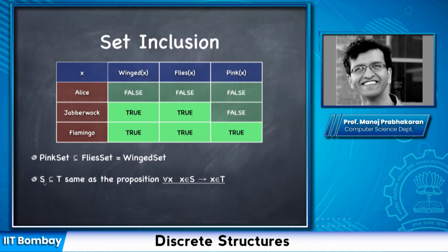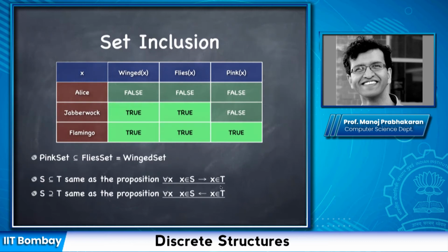So we could define set inclusion, in fact, as this proposition. When I say S is contained in T, it's merely asserting that for every X, if X is in S, then X is in T. And similarly, S is a superset of T, or T is a subset of S, is again saying the same thing.